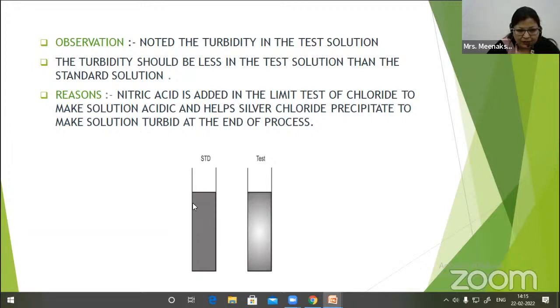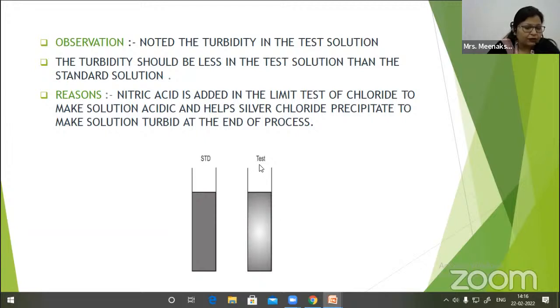We put this against a darker background to see visually which has more chloride impurity. So opalescence is seen in the standard and is compared with that of the test. If the standard has more turbidity or opalescence than the test, that means the test passes the limit test for chloride.